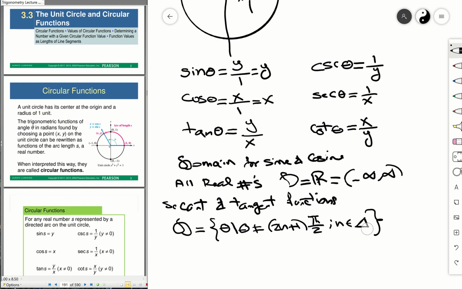Now, notice, for example, if you plug in n equals 0, you get 2 times 0 plus 1, that gives you 1. If you plug in n equals 1, you get 2 times 1 plus 1, which gives you 3.